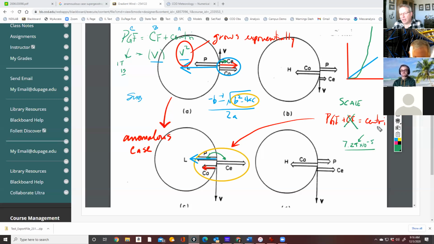So when I get an idea like this, where the pressure gradient force is balanced by the centrifugal force, and I have no Coriolis force whatsoever, or I've scaled it out, this is called cyclostrophic. So cyclostrophic balance is the balance between the pressure gradient and the centrifugal force.